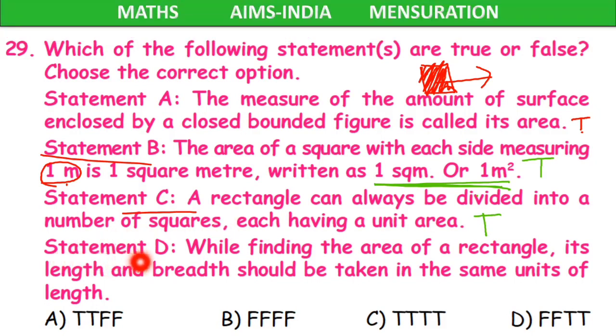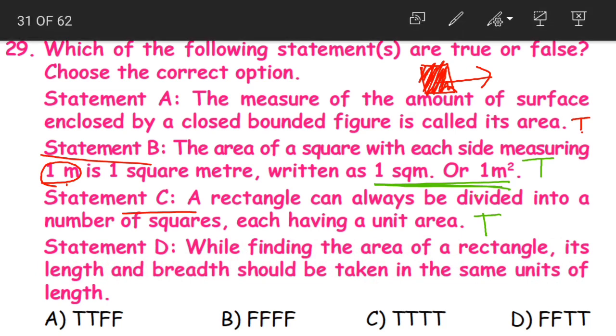Now coming to statement D, while finding the area of a rectangle, its length and breadth should be taken in the same units of length. Is this correct? Yes, when we are finding out the area of a rectangle, the length and breadth should be taken in the same units. Suppose the length is given as 6000 meters, and the breadth is given as 8 kilometers.